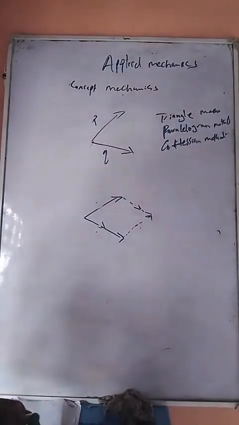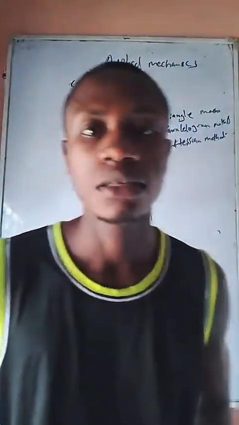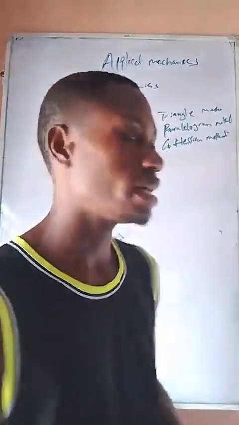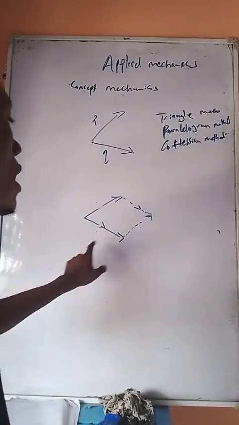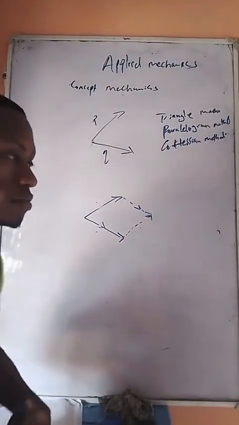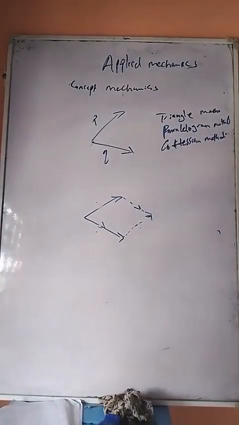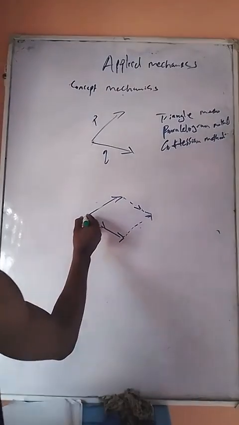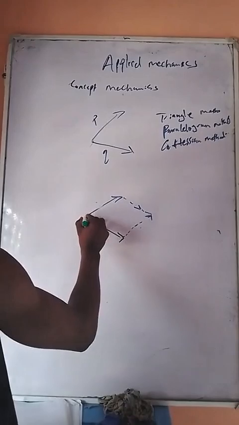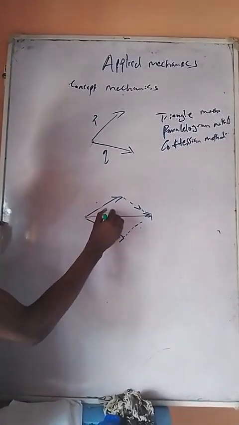The parallelogram law states that if two vectors, which have magnitude and direction, are represented by the sides of a parallelogram, the resultant, which has the same magnitude and direction as the two, is drawn in such a way that its tail coincides with the point of collision between these two vectors and goes outward. So therefore, this is the resultant.